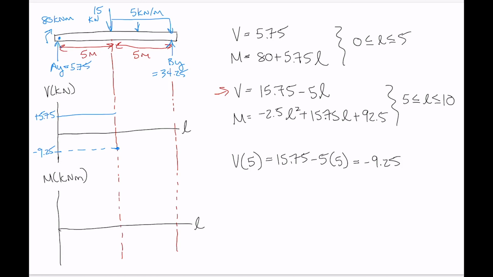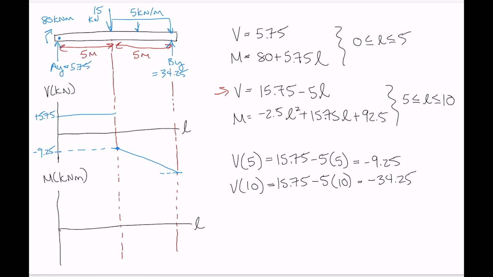And then we've got a linear line with a negative slope. So we've got a line that's something like this. And then the value that we get to here, we can get by evaluating what the shear is at a distance of 10 meters. So we've got 15.75 minus 5 times 10. That gives us minus 34.25.